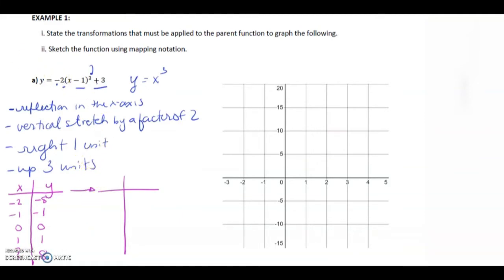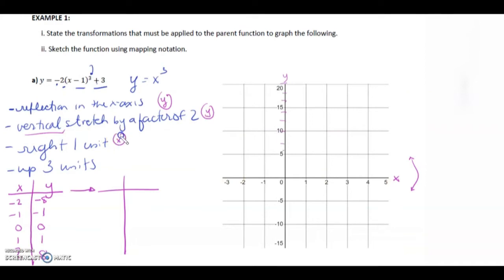Okay, as a review, reflection in the x-axis, if it's reflected from up to down or down to up, we're actually affecting the y numbers, like these numbers here. So this affects the y. Anything vertical, when we think vertical, we think the y-axis. So again, y. Right, left, right would be the x-axis.